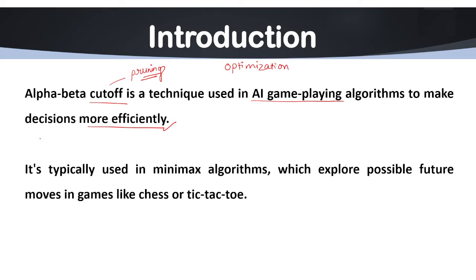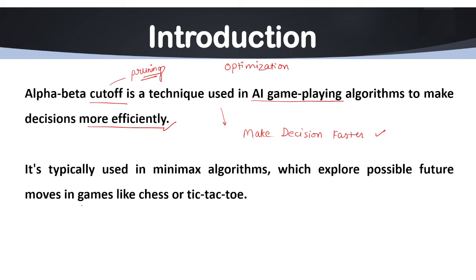It helps AI make decisions faster. This is the major advantage of using the alpha beta cutoff procedure, because it helps AI make decisions faster by eliminating parts of the search tree that don't need to be considered just because they won't affect the outcome.